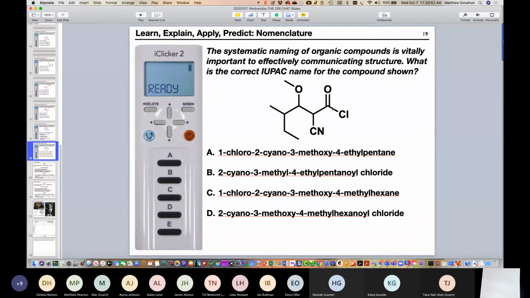So this one's a little different than the ester and the amide in that this portion is named last. So everything bonded to that is then a substituent. So you have cyano, methoxy, methyl. 2-cyano, 3-methoxy, 4-methyl hexanoyl chloride.